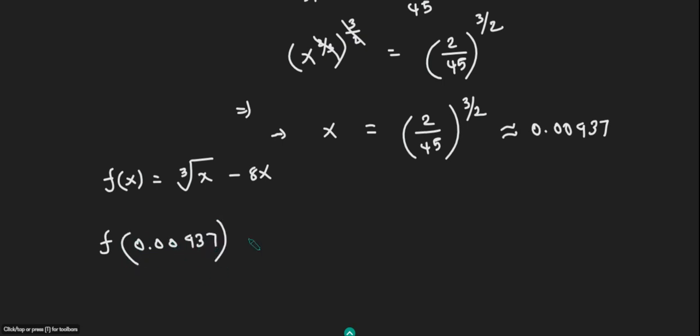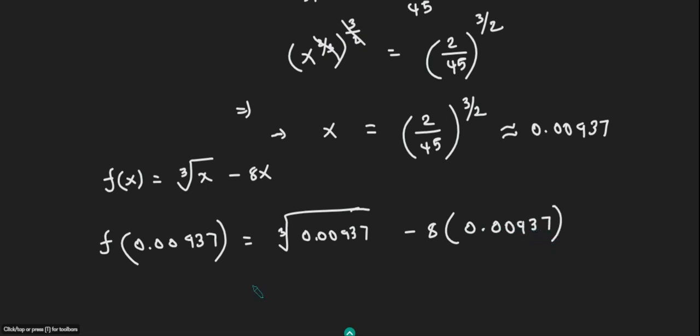Therefore, f(0.00937) equals cube root of 0.00937, approximated to 5 decimal places, minus 8 times 0.00937. If we plug this into the calculator, we get approximately 0.13586.